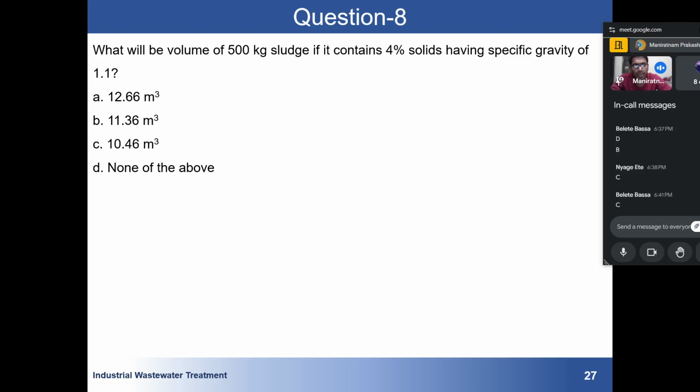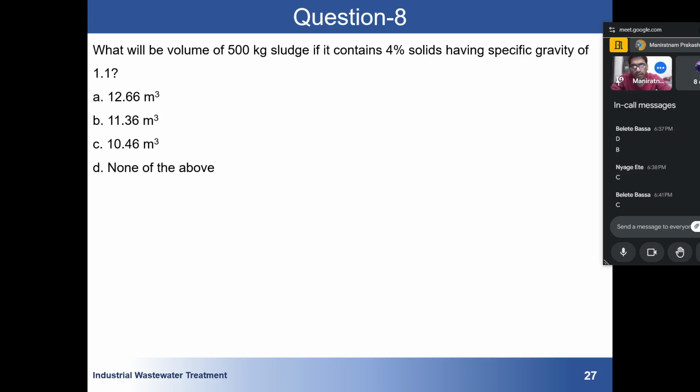If you have gone through the lecture, you might have noticed that there are too many numerical questions in this session. If you are preparing for your final examination, then you might expect a lot of questions from this topic. Sludge handling questions are very common.